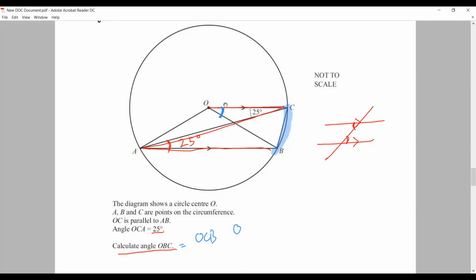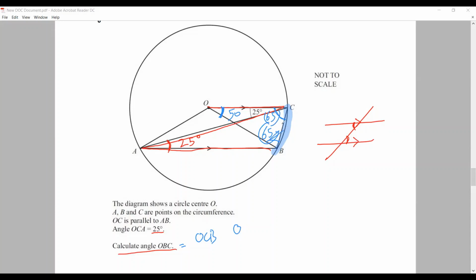So if this is 50, and the triangle BOC is an isosceles triangle, each one of them should be 65, right? 65 and 65, that's 130 with 50, 180. So the angle OBC is 65, right? And let's go even a little bit further.